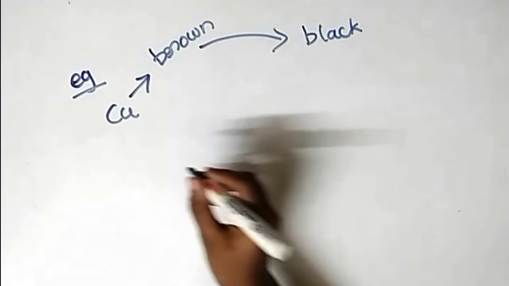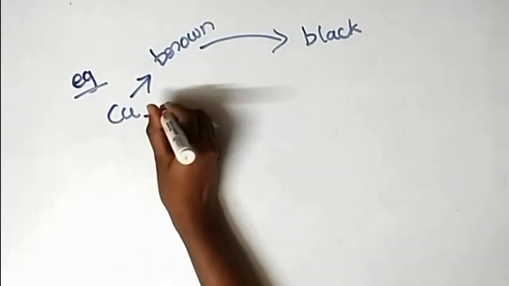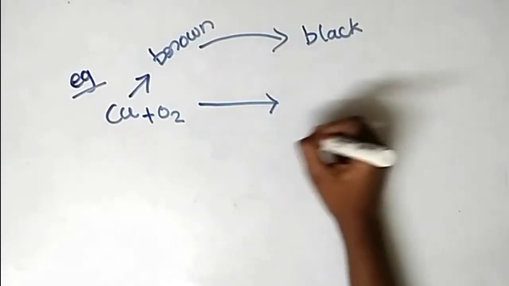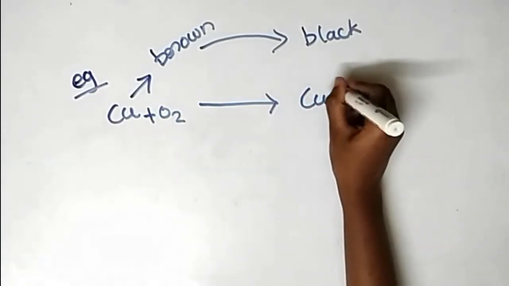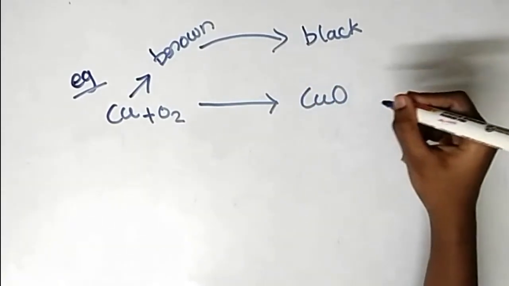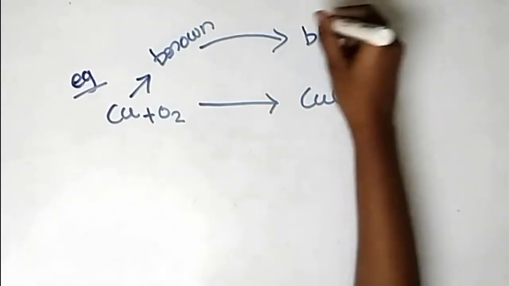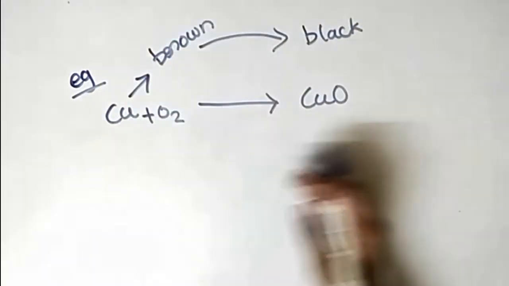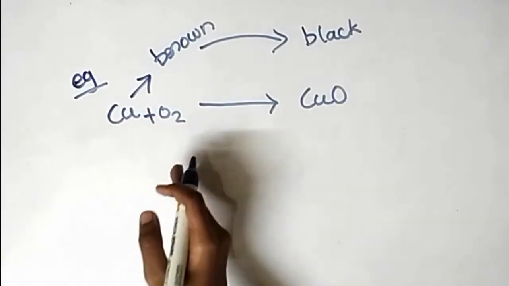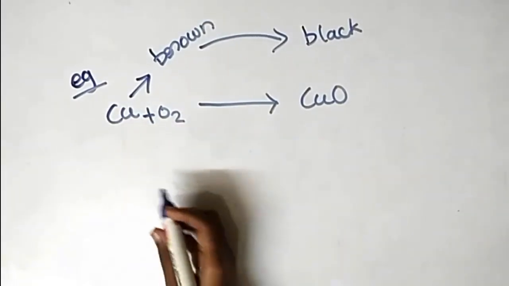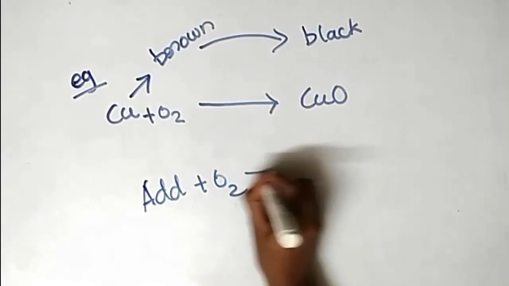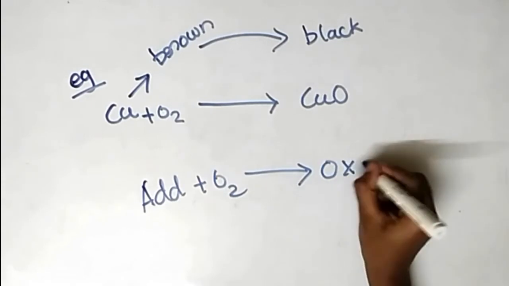This is because the copper reacts with the oxygen while heating, which results in the formation of copper oxide, CuO. This copper oxide is the reason for the black color. So, in this reaction, the copper reacts with the oxygen, and a reaction where the addition of oxygen takes place is called an oxidation reaction.